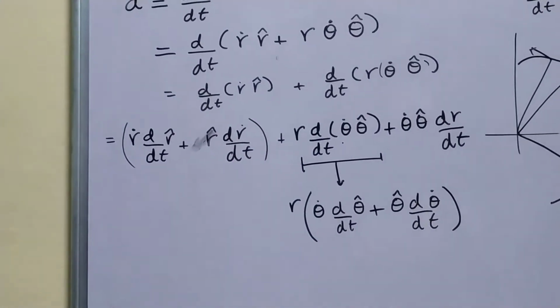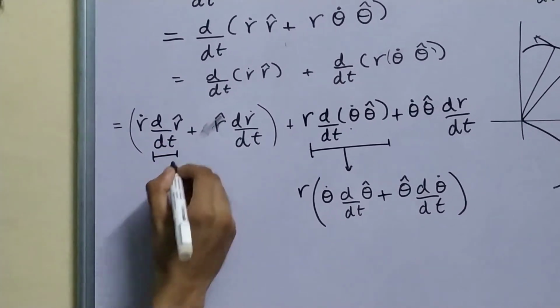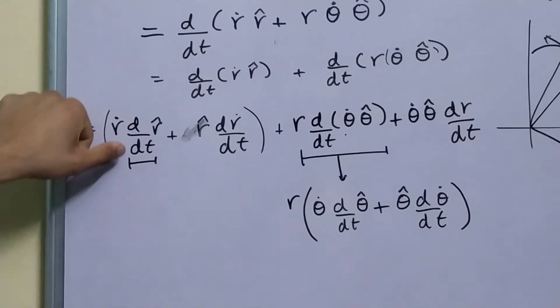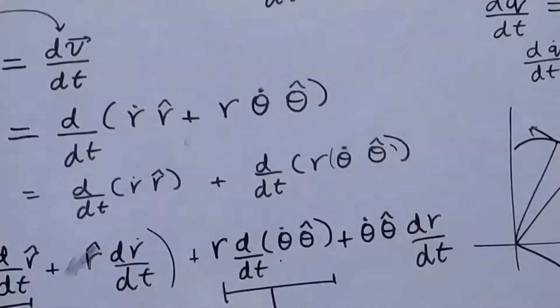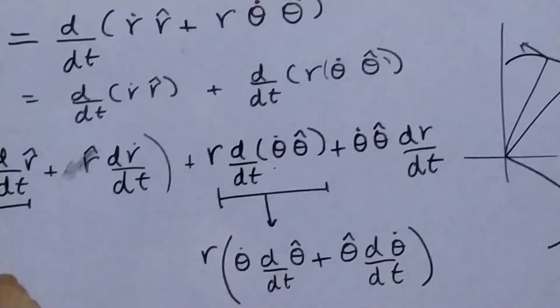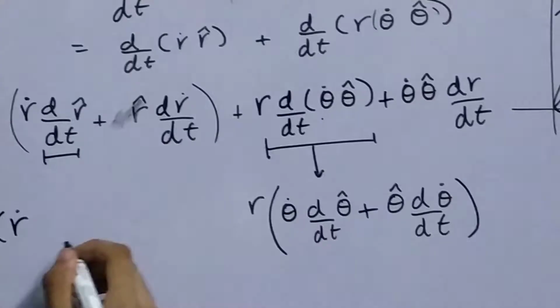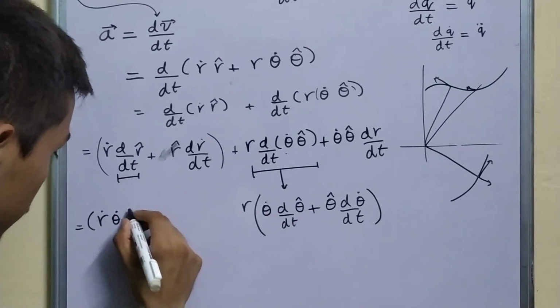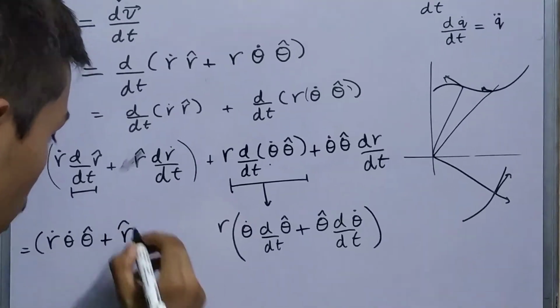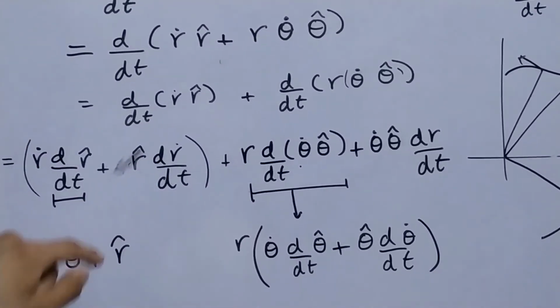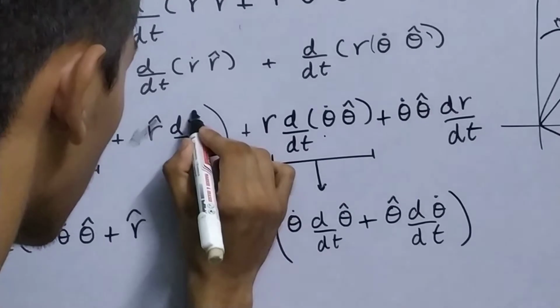So we know this one, d by dt of r cap, it's theta dot theta cap. So this will be r dot theta cap plus r cap d r dot by dt.